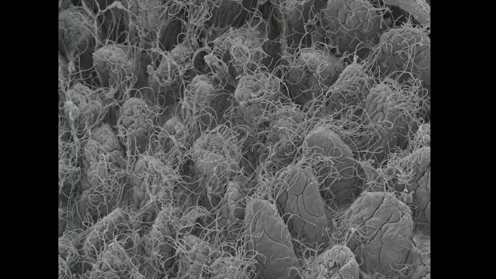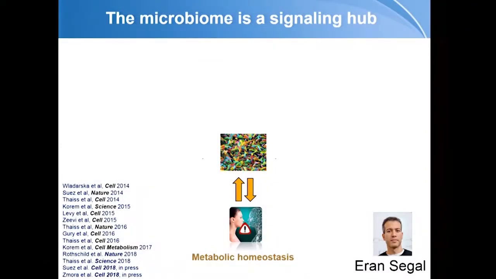I think you can already appreciate how intimate the interaction is between us and our microbiome in the cellular level. And we regard the microbiome and its interactions with the host as a critical component that contributes to metabolic homeostasis or to the development of risk to acquire many multifactorial diseases. When I say we, I refer to my own group and to the group of my good friend and colleague Eran, who is a mathematician also from the Weizmann Institute that performs many of these studies together with us.